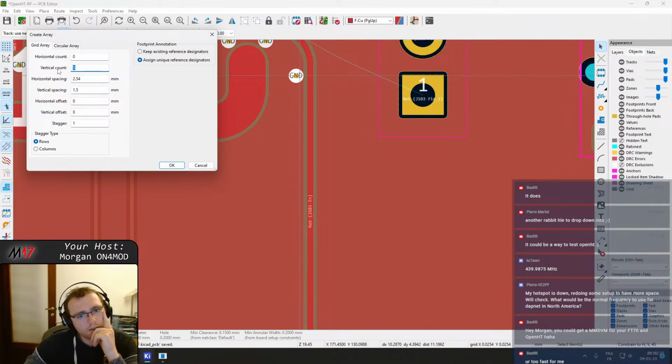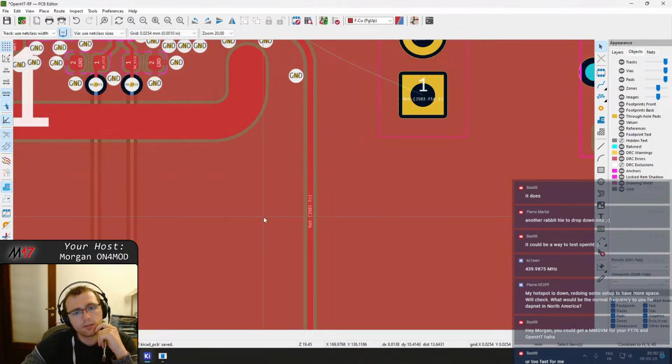How much should I need? Of course I can't measure it, so vertical spacing, I guess I would need at least 15, let's say.